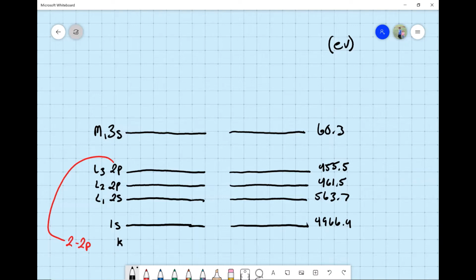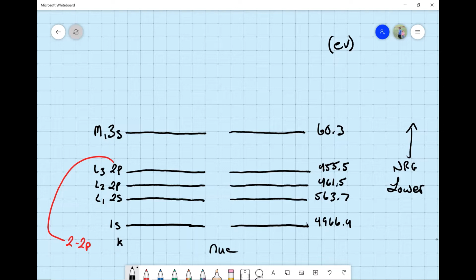So it's going to get lower as you go up. So the energy is lower as you go up, so you get farther away from the nucleus. I think that's horrible spelling, but that's okay. So the M1 is a 3s shell.